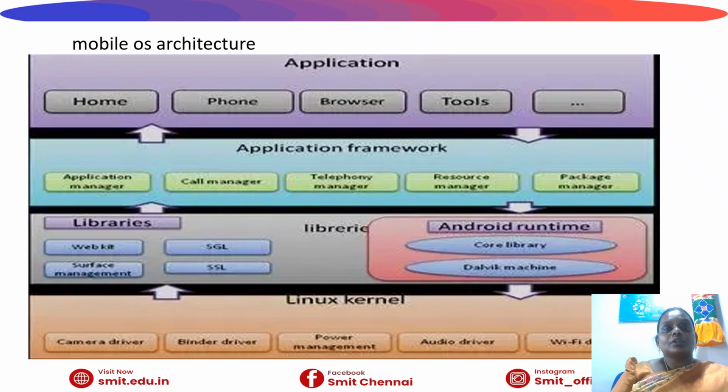And then the runtime environment executes application code. It also provides libraries and virtual machine support. And the operating system kernel manages hardware resources, memory, processes, file system, and device drivers. And in the hardware layer, physical components such as CPU, memory, display, camera, sensors, and network modules are used.